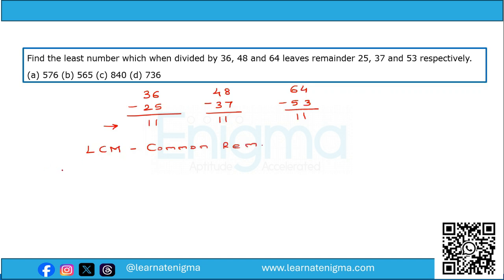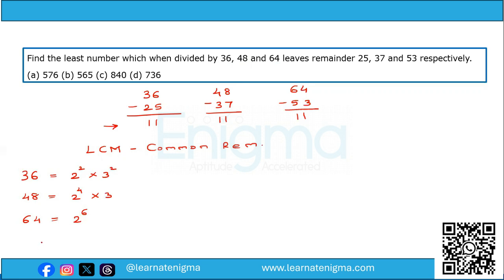So now let's first find the LCM of 36, 48, and 64. Now 36 is 2 square into 3 square. 48 is 2 raised to 4 into 3. And 64 is 2 raised to 6.